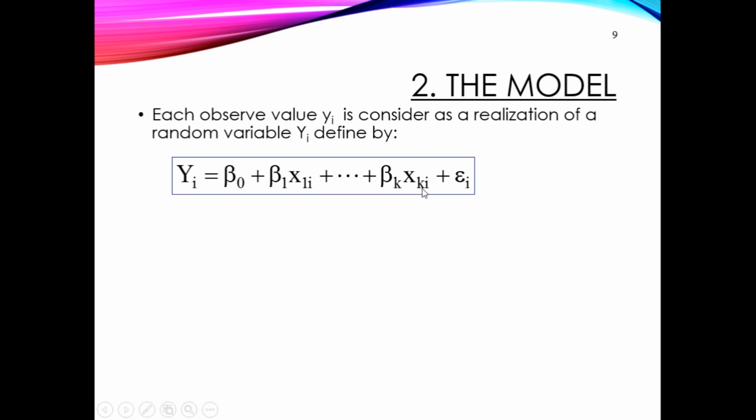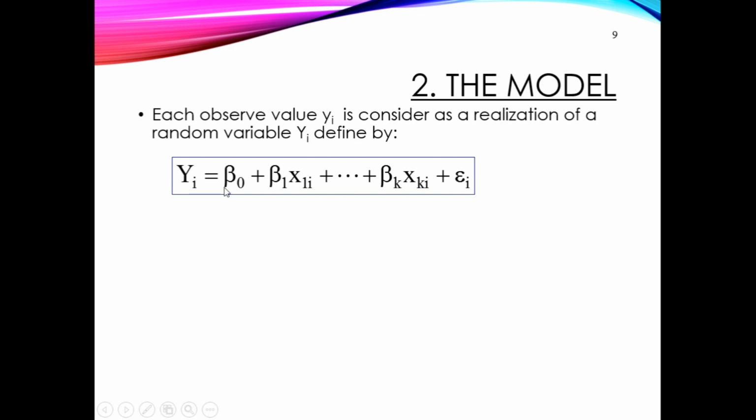We suppose that our dependent variable is written as a linear combination of the explanatory variables, where our coefficients are denoted by beta 0 to beta k if you have k variables.